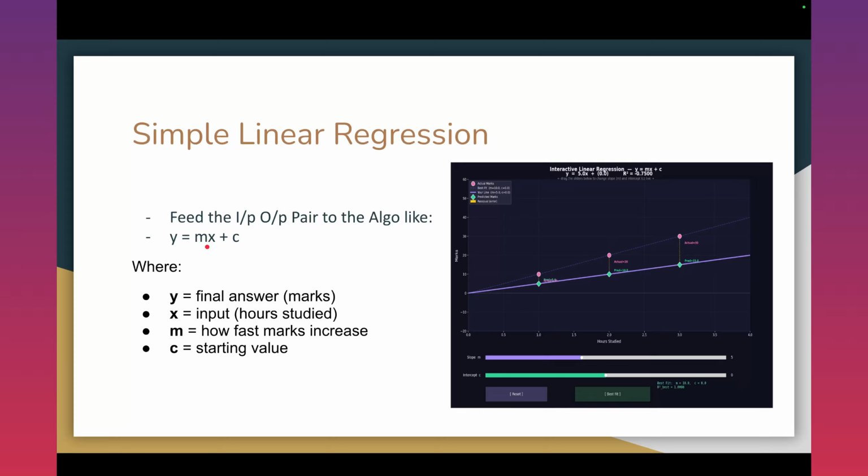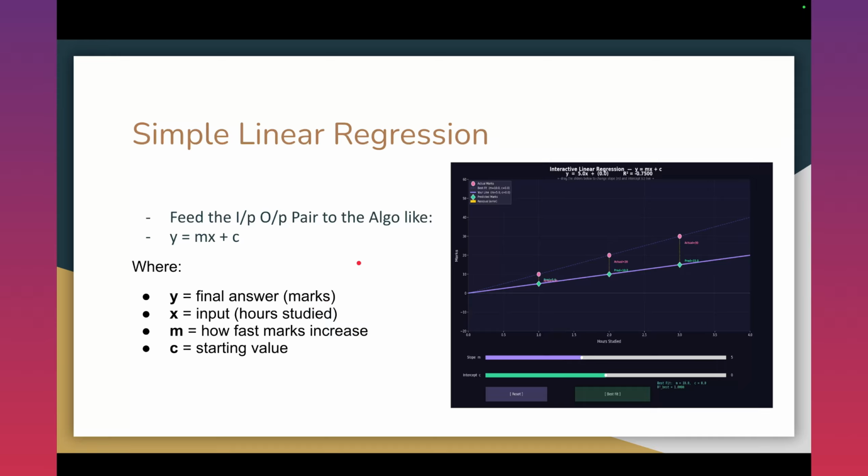It basically tries to find the optimal values of m and c, and with the help of that we just put the m and c values in the equation, and the input will come from the user, that okay, if the number of hours of study is 4, what is going to be the marks. So once we have the m and c values available, we will easily be able to predict the value of y, which is nothing but marks.